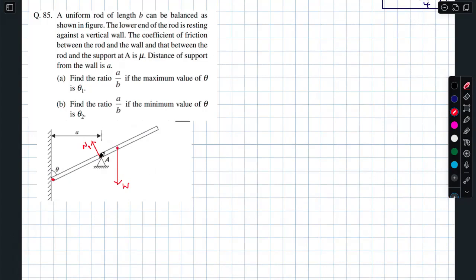Now here the normal reaction horizontally is N2, right? Now we need to draw free body diagrams properly. Here there is friction. Here also there is friction.